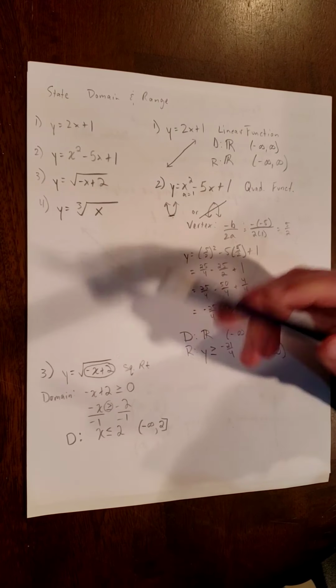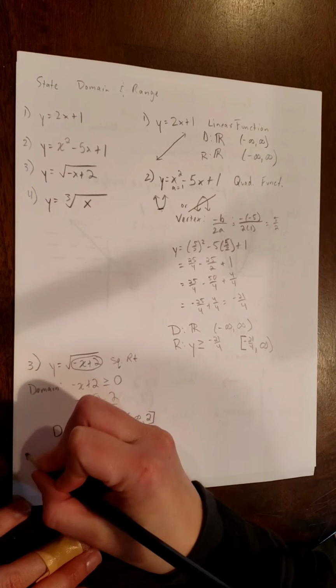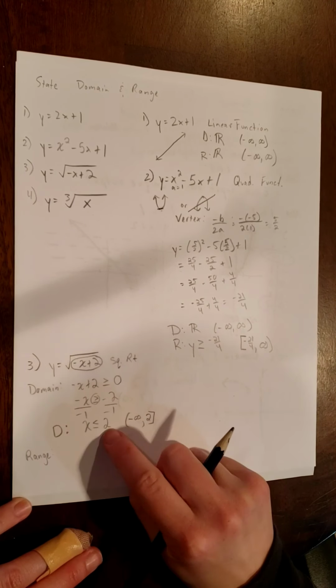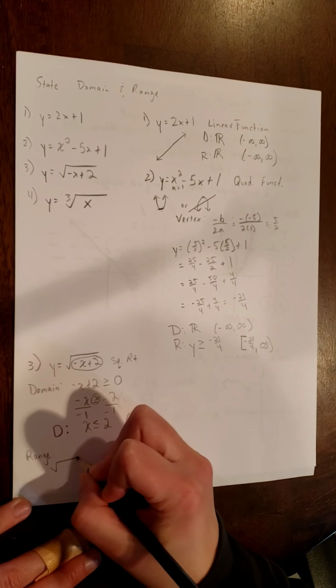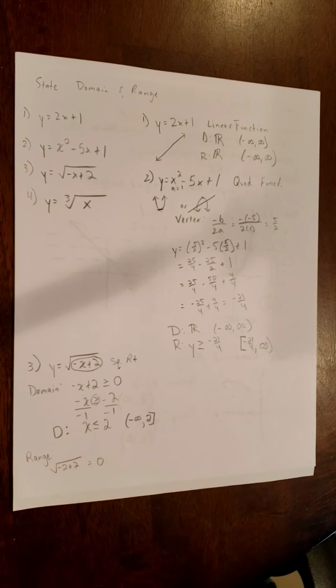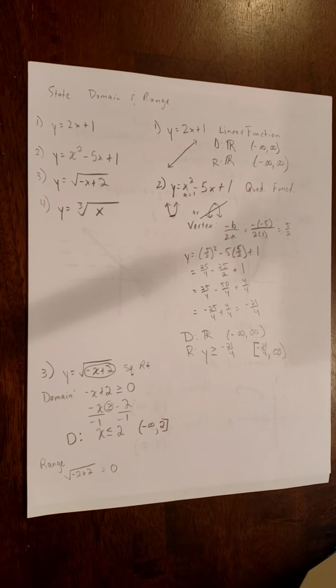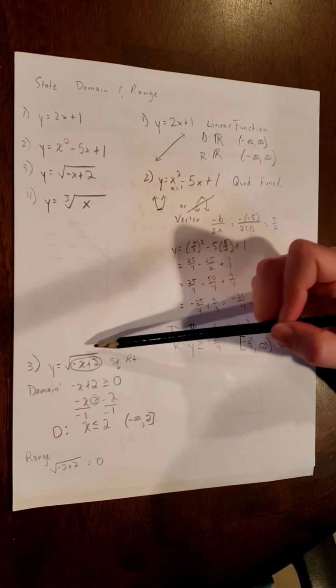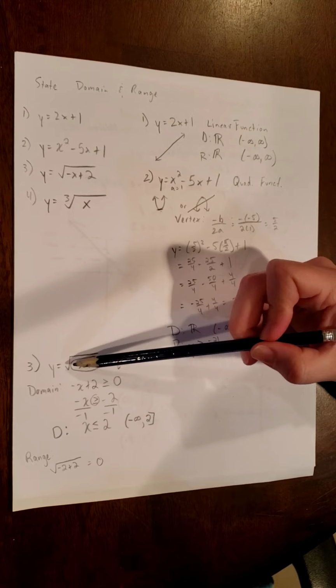If we determine our range, okay, if we plug in the start, 2, we get negative 2 plus 2, we get 0. So the first output that we're going to get is 0. Now, we're going to plug numbers in, and we're going to take the square root. The first number is 0.